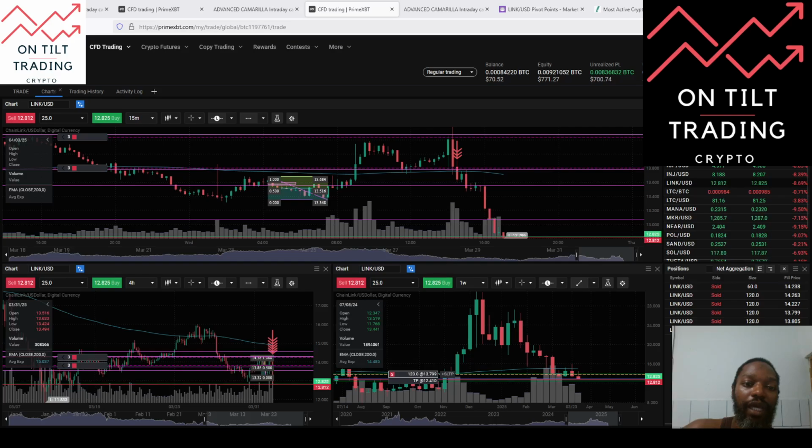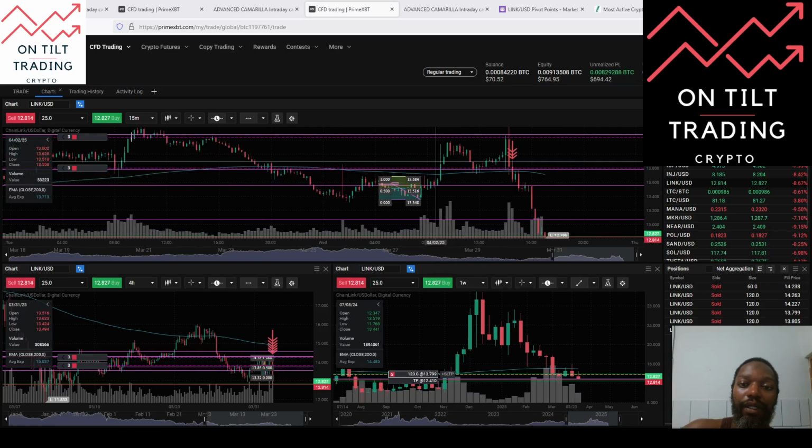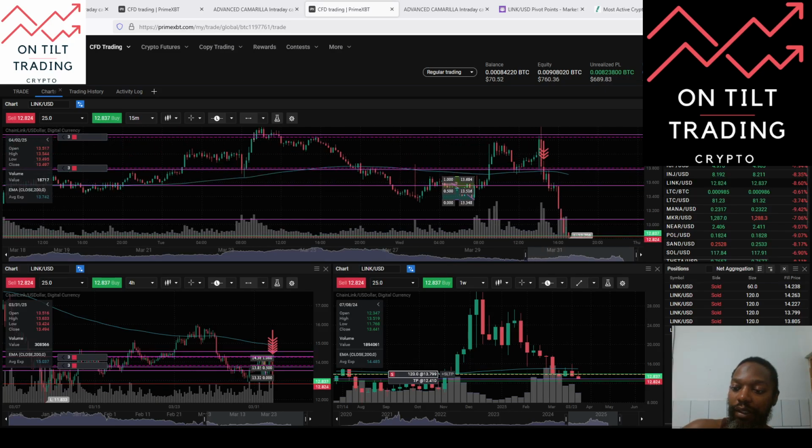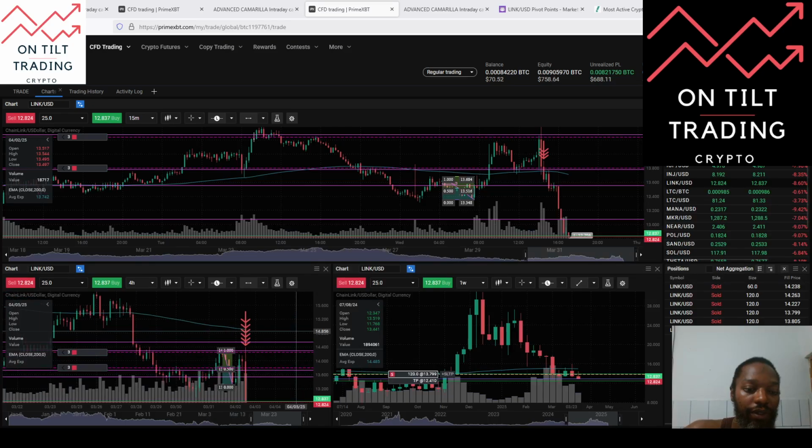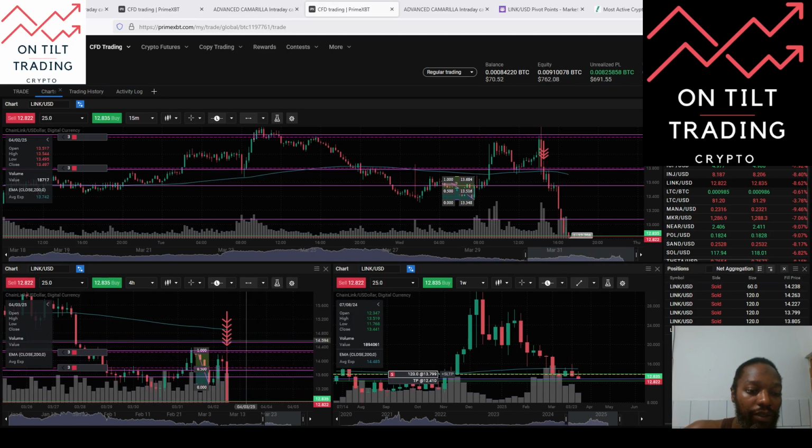So the price action actually goes above this 200 EMA, comes up here to the R3 level, and then there's a liquidity grab that happens here. Could probably show it better on the 4-hour, but you can see price action.